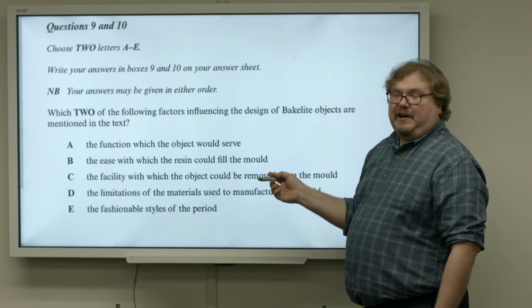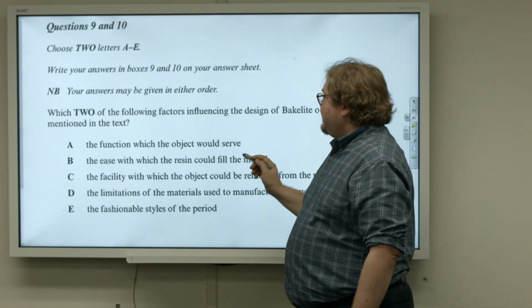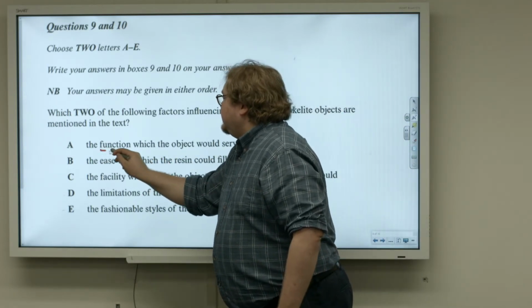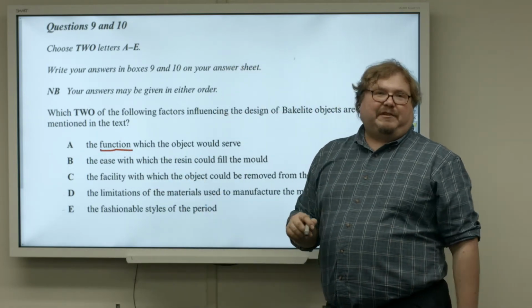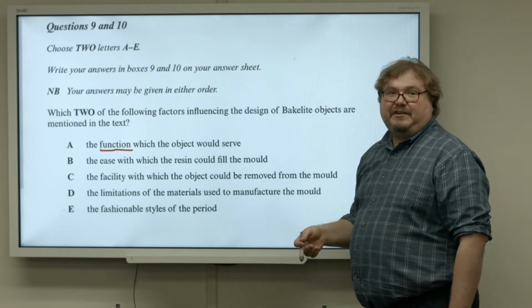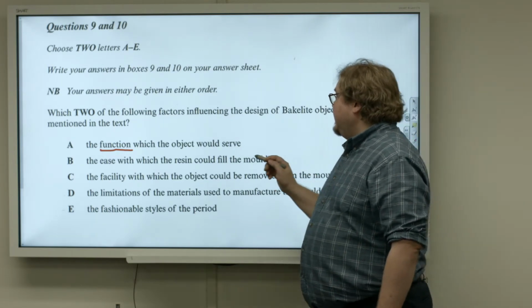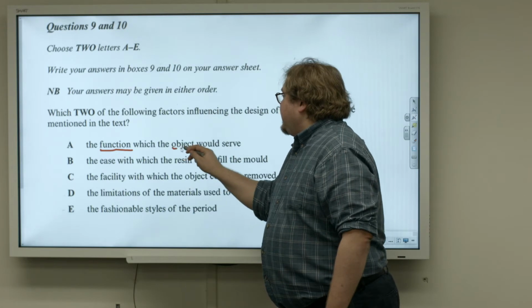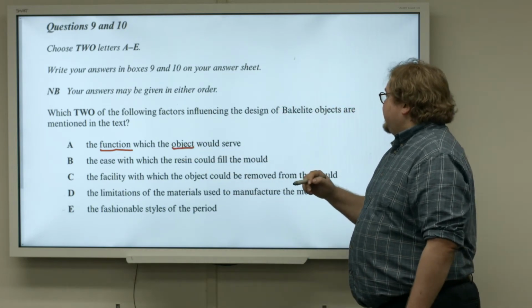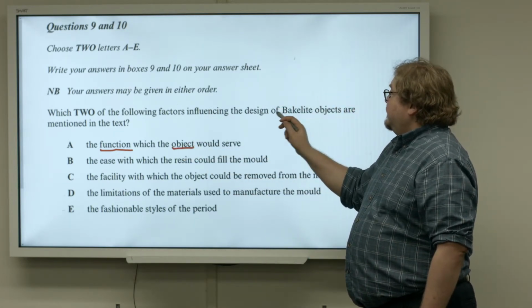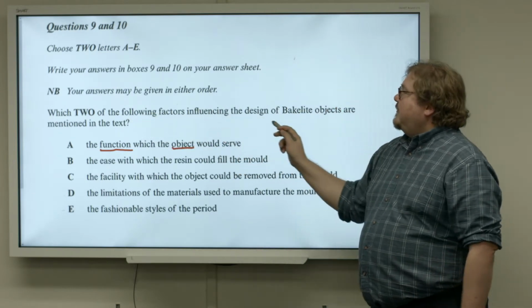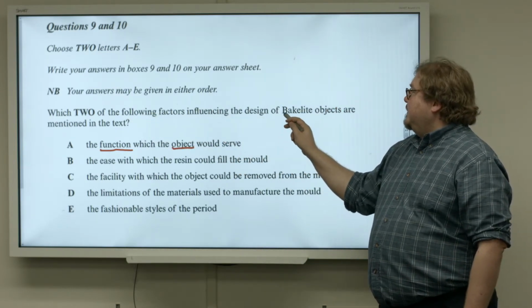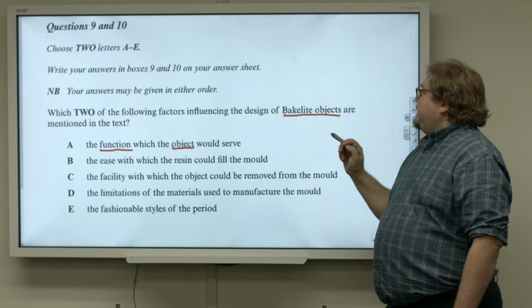So if I were to underline some of the important words, okay, so I'm going to be looking for something about the function or the use of something, about the object. So the main question: which two of the following factors influence the design of bakelite objects?